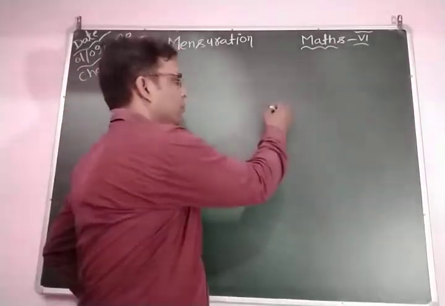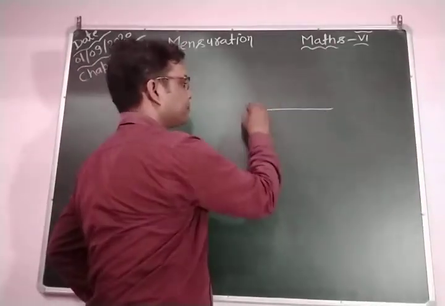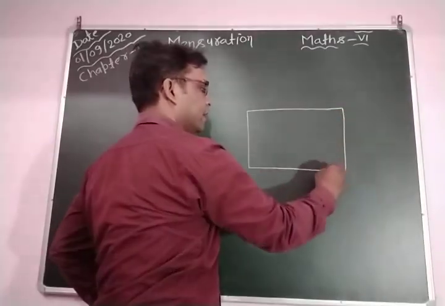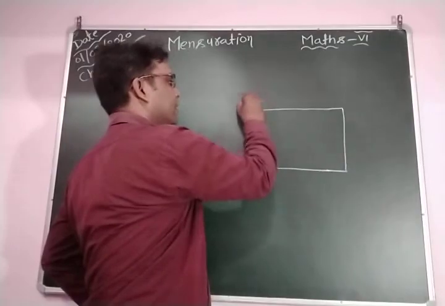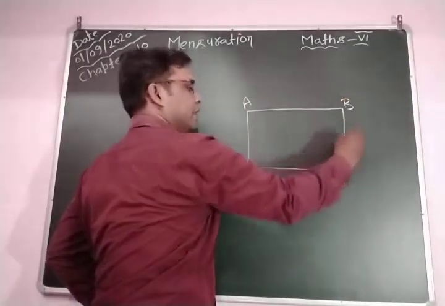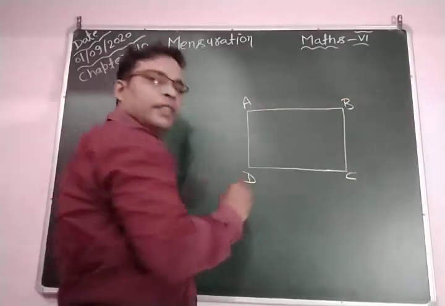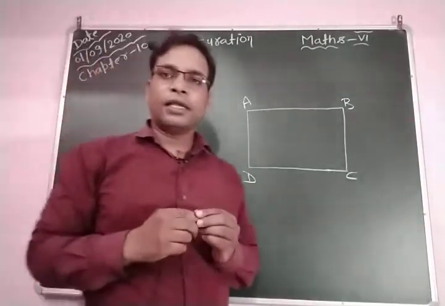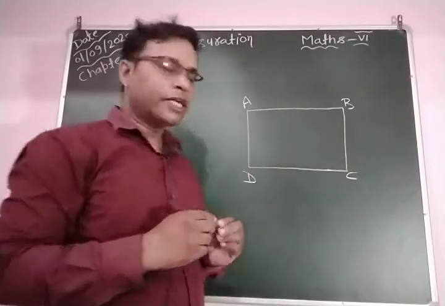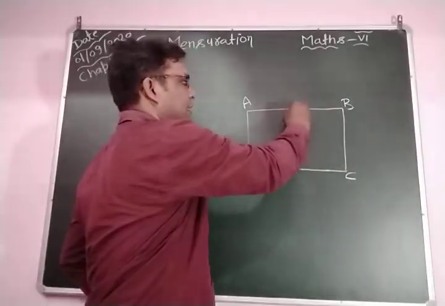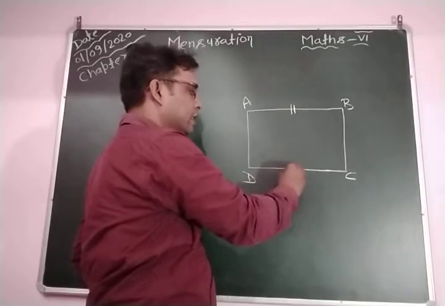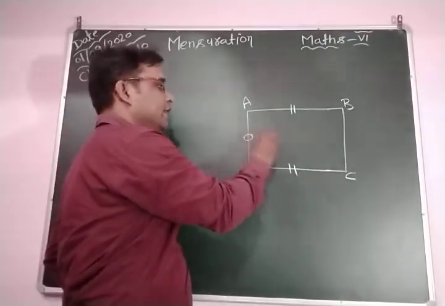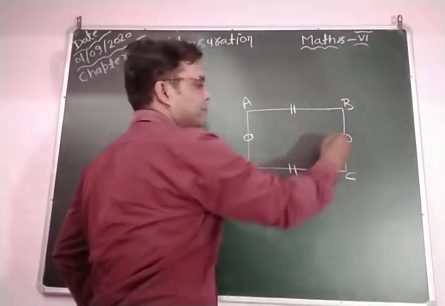I hope all of you know this is a rectangle, A, B, C, D. In a rectangle, opposite sides are equal. Opposite side means this side: side AB is opposite to DC or CD, and side AD is opposite to side BC.